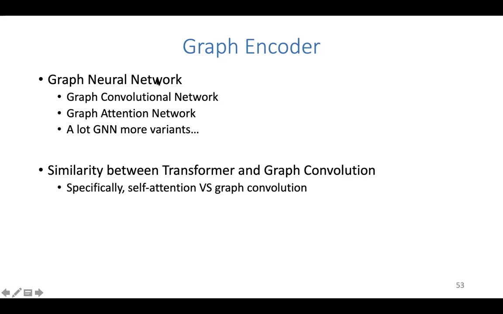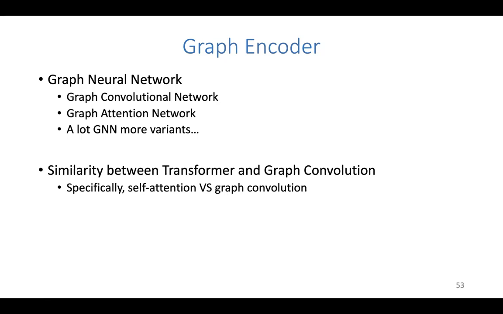So that's why we want to focus on the similarity between transformer and graph convolution, or specifically self-attention versus graph convolution. Those of you who attended my class last semester in programming for AI, we covered how, after studying transformers and graph convolution networks, they can be seen as coming from the same family of functions.